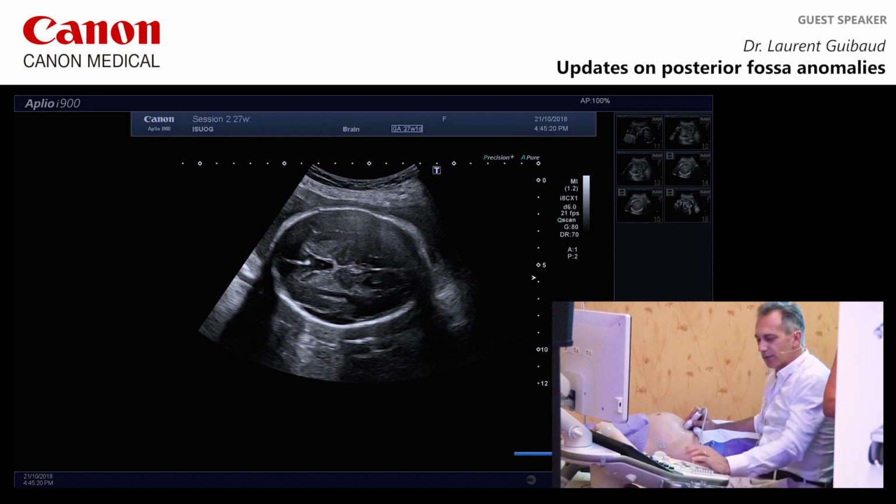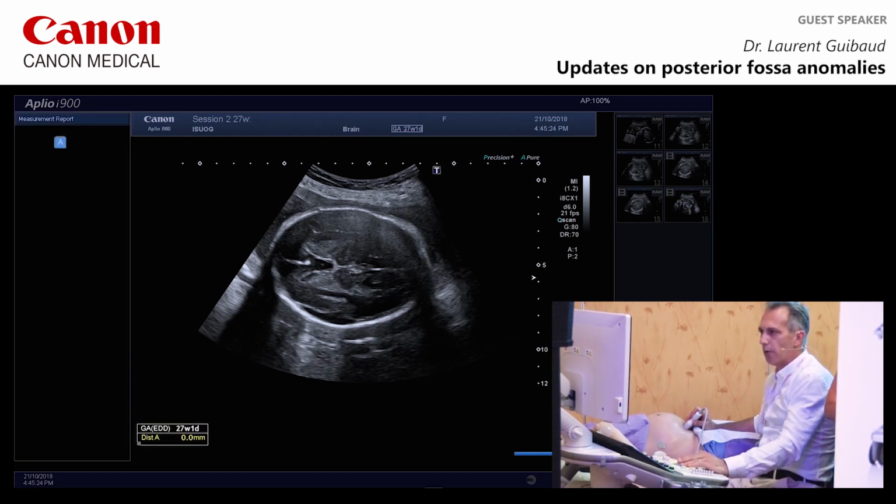When I published about the anterior complex, for people who are not aware of this complex, it includes the cavum septum pellucidum, here the genu of the corpus callosum, here the two frontal horns, and it's very interesting because here you see that this one is smaller than this one, so you are very confident that in most cases, you will not have any ventriculomegaly on the proximal hemisphere.